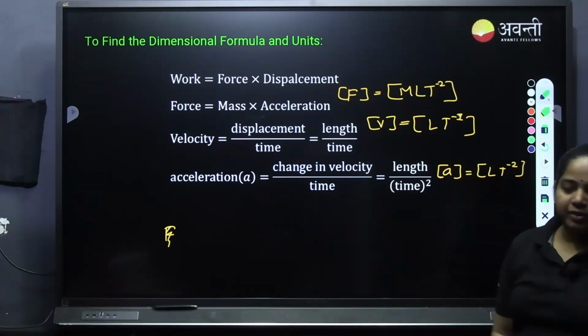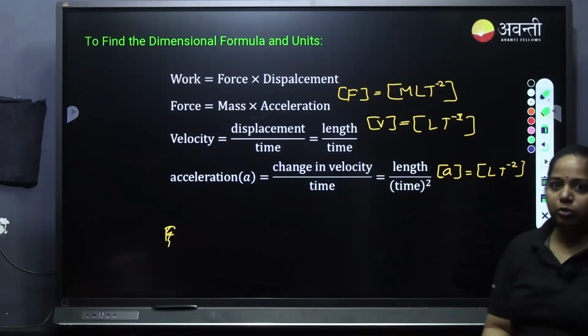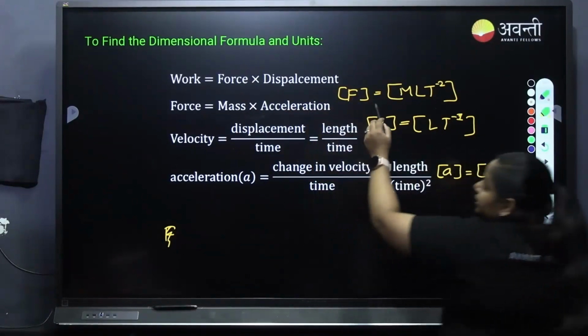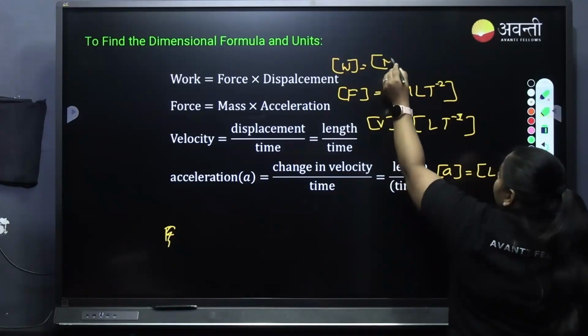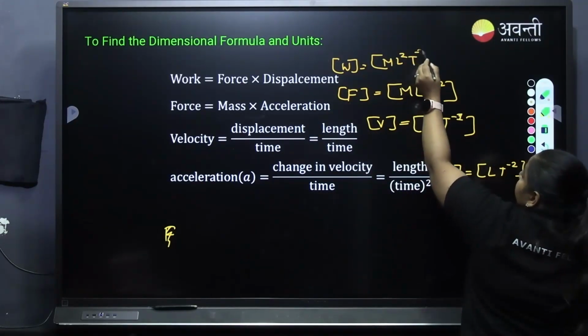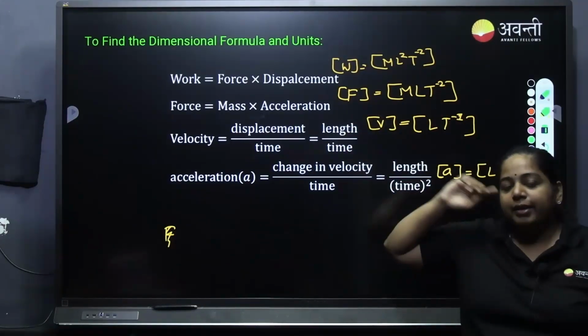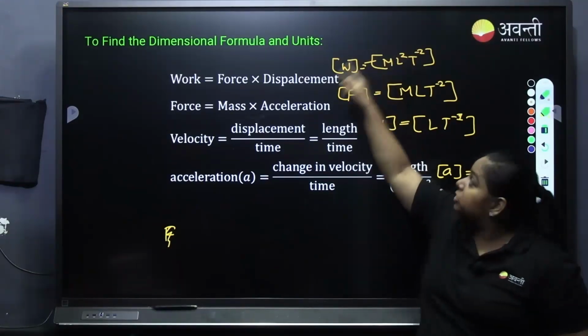These are basic ones. That's why I'm going fast. I hope you can follow me. Now coming to work. Force into displacement. Force we have here, into displacement. So the dimension of work will be equal to M L into L, that will be M L square T minus 2. Work is the same as energy, like potential energy, kinetic energy, any kind of energy you take, you can use this one only.